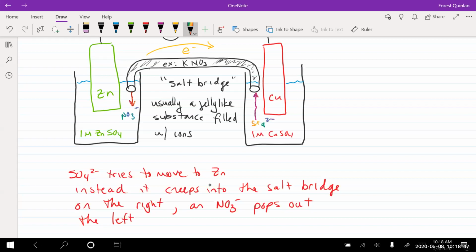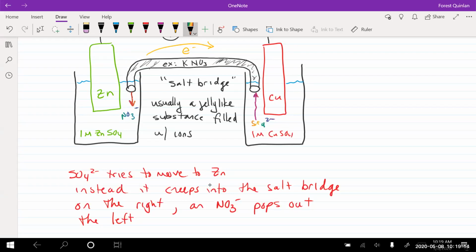We'll see other systems where, if the counter ion, as we call it, goes across and actually sees the other side at all, it's going to start poisoning it. In this case, the sulfate would try to go through. The nitrate says, you know what, you just go ahead and keep pushing me into the other side and I'll do your job for you.